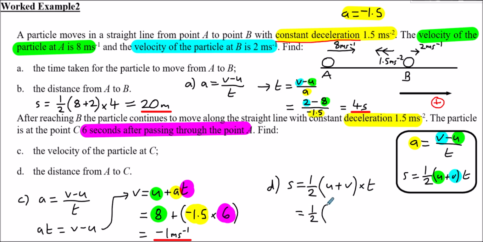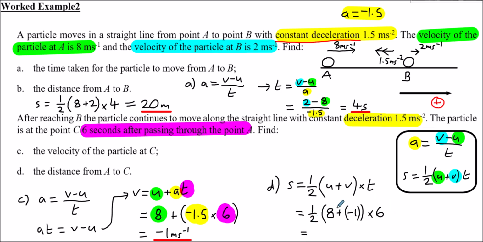So the initial velocity, like we said, was 8. We just calculated the final velocity. At C, it's minus 1, which means it's going back towards A. And the time for that motion was 6 seconds. So if we work this out, half of 6 is 3.